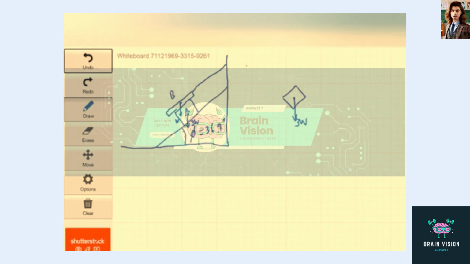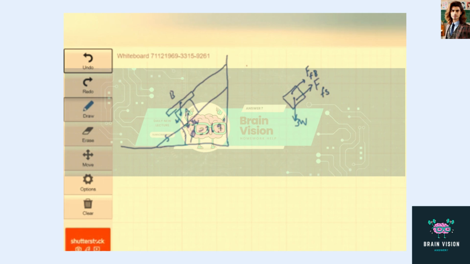So I'm going to draw that at two different levels here. There's a frictional force with S, and then there's a frictional force with B. So the weight and the two frictional forces, I think that's it.